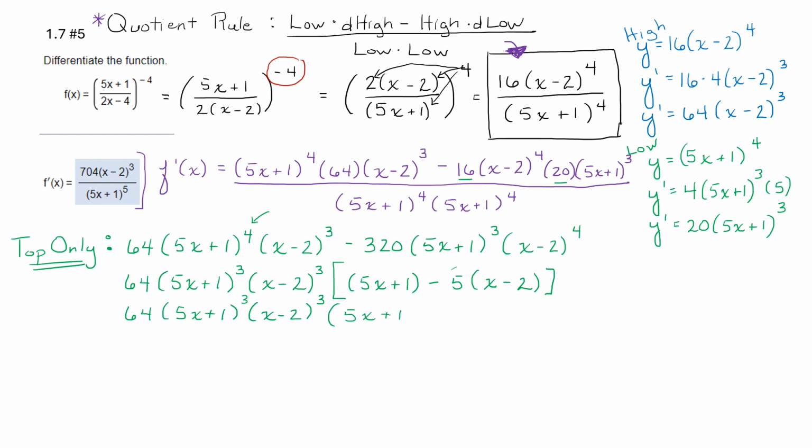But I'm going to distribute that negative 5, so I'll have a negative 5x plus a 10. Well, when I combine like terms in there, 5x plus negative 5x cancels, and I actually get 11.